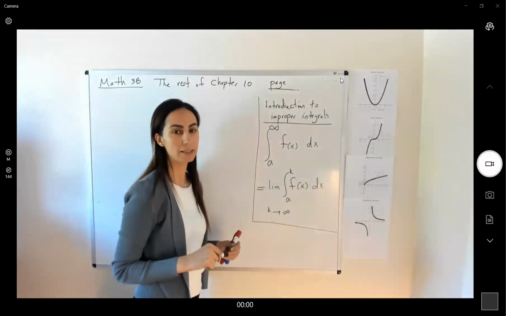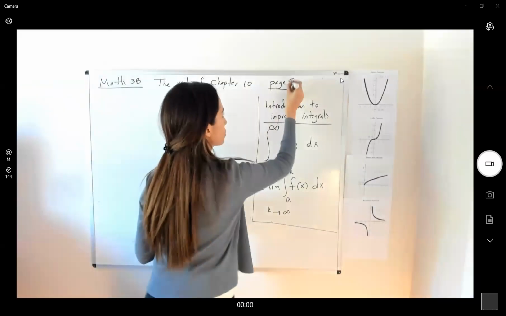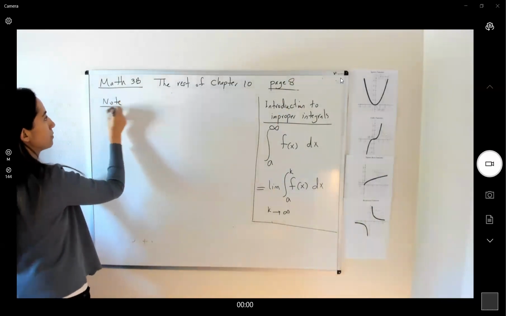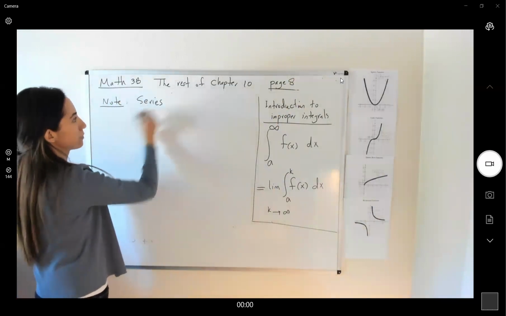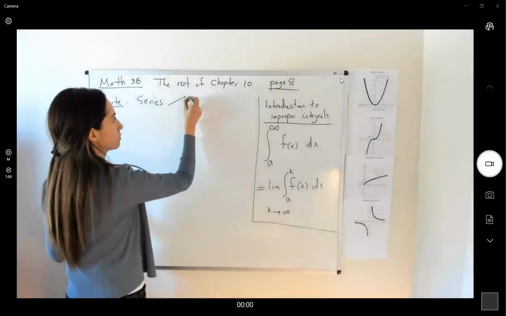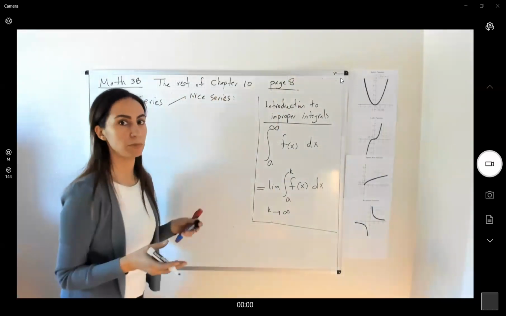Why do we need that? We need that here for series. So let me write a quick note for you. When it comes to series, you either have nice series. What do I mean by that?